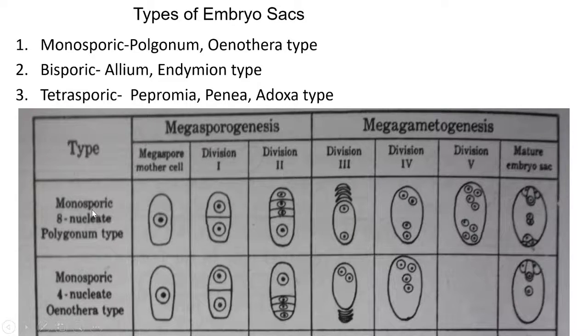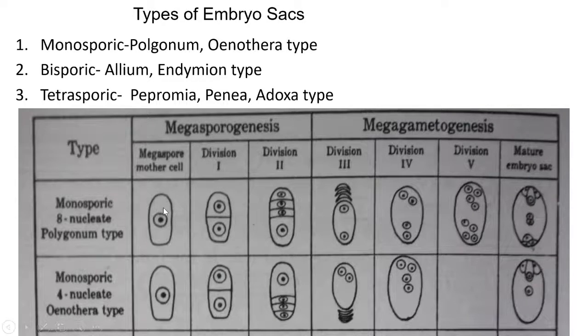Now let's see first the monosporic embryo sac. Here are two examples in this slide, Polygonum type and Oenothera type. This type of embryo sac is very common in angiosperms. There are two stages, megasporogenesis and megagametogenesis. I am going to repeat.